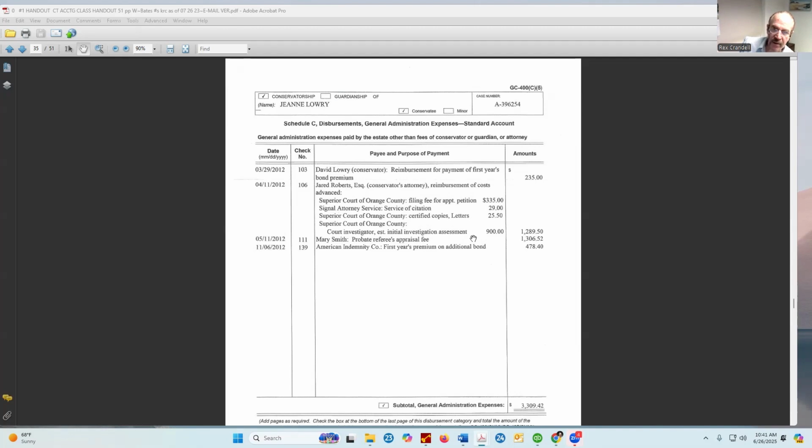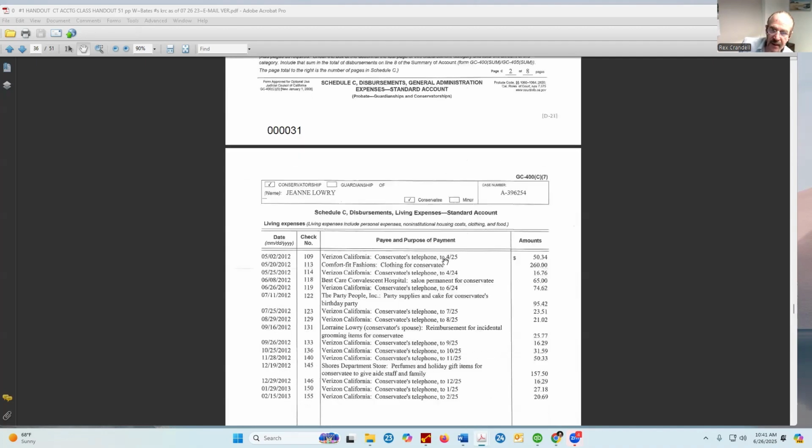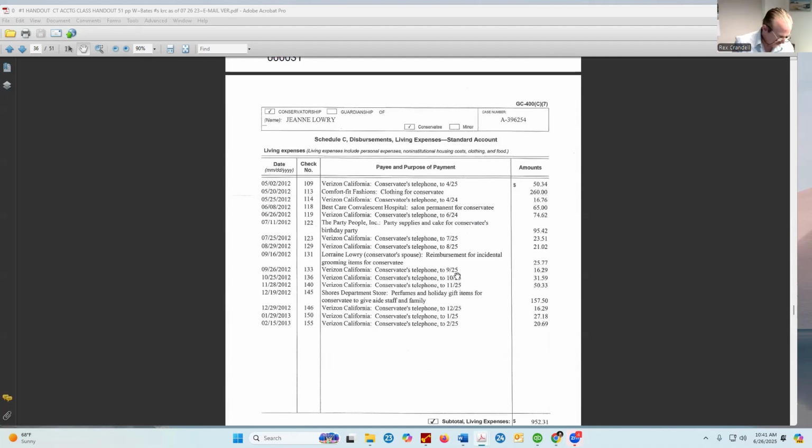We generally don't pay those interimly and wait for the judge to sign off and approve it. And here we have the probate referee fee. So this is just a miscellaneous. Then we get into other disbursements.